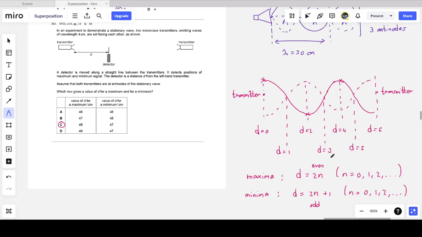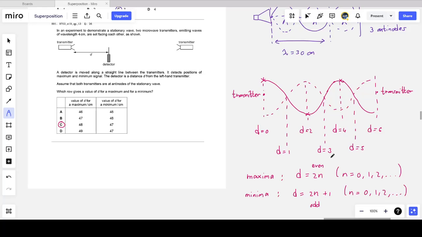And so that was the last question that we'll do in this video. But as you can see, the idea of superposition and the concepts will be thoroughly tested, and you have to understand how standing waves are formed, how standing waves work, what nodes and antinodes mean, how to sketch what a standing wave would look like if you have a closed pipe, or if you have a stationary wave on a string that's attached at both ends, and so on.